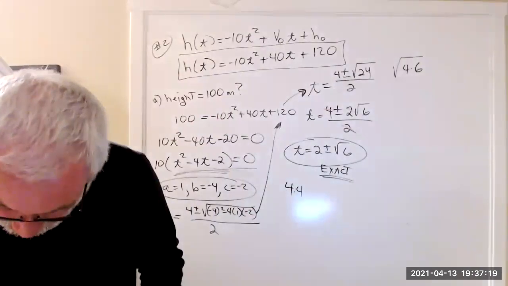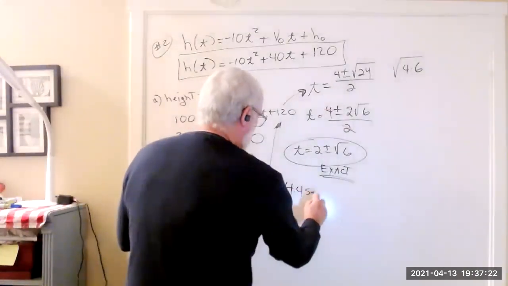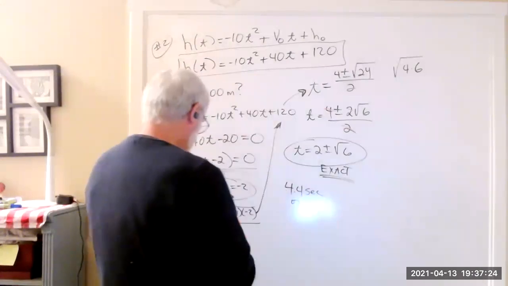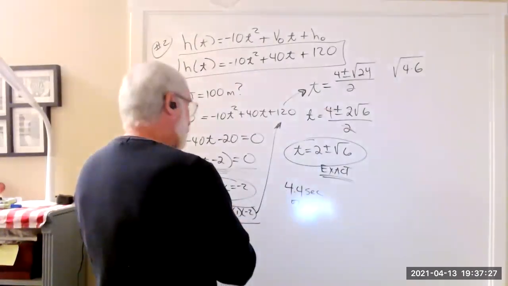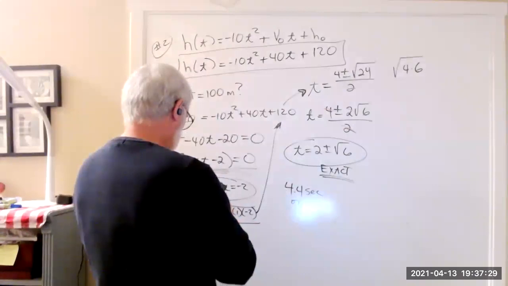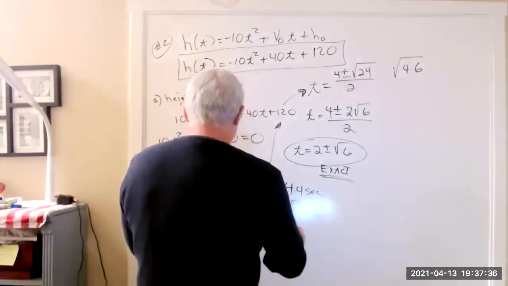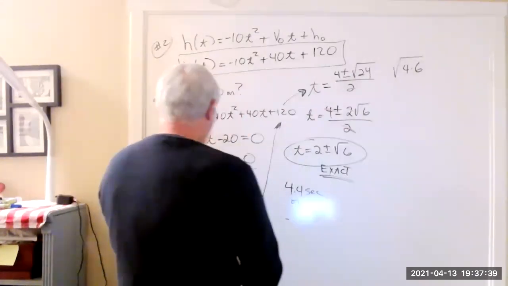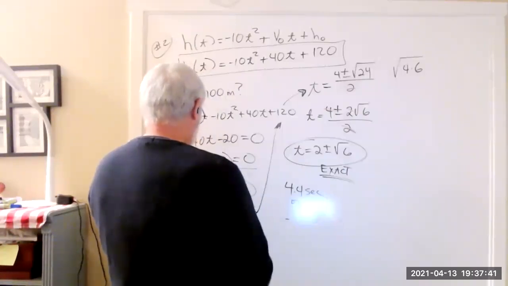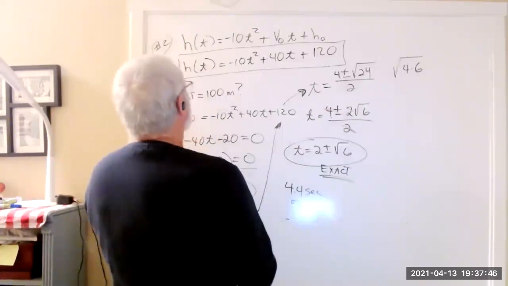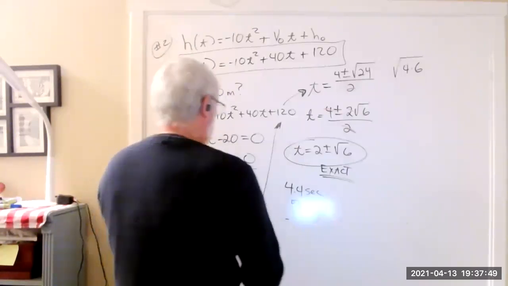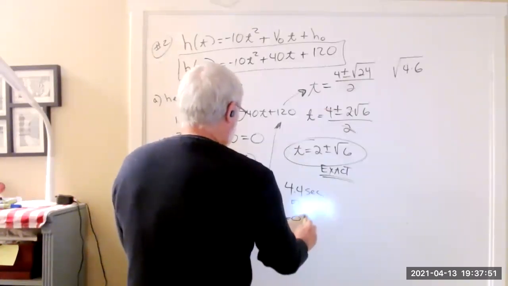And the other one, I get negative 0.45. That's what I got. Oh, okay. Negative 0.45. That's an important thing.